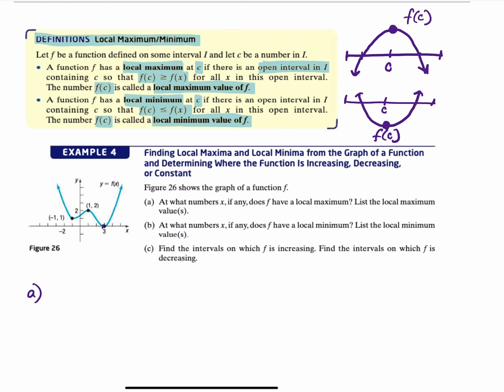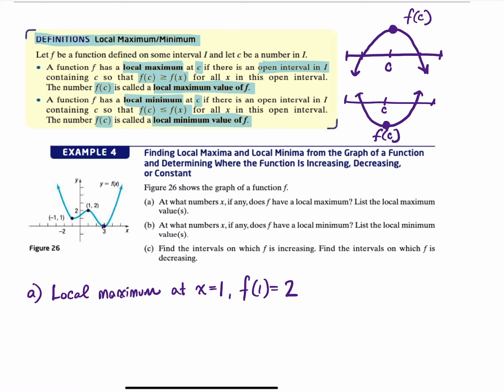So I would say that there's a local maximum at an x value of 1. That's the x part of this coordinate. And then our maximum value, we can say f of 1 is equal to 2. 2 is the local maximum.